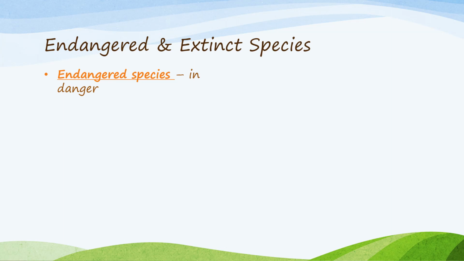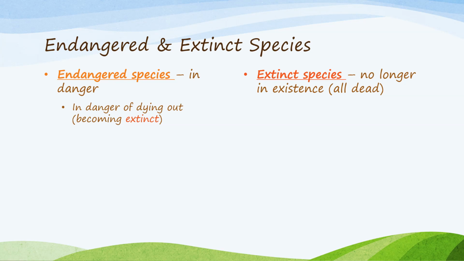But in danger of what, you might ask? Well, they are in danger of dying out and becoming extinct. There are a small number of them left, and they are at risk for completely dying out as a species. Once all of the members of a species have died, you can't get them back, and the species becomes extinct.